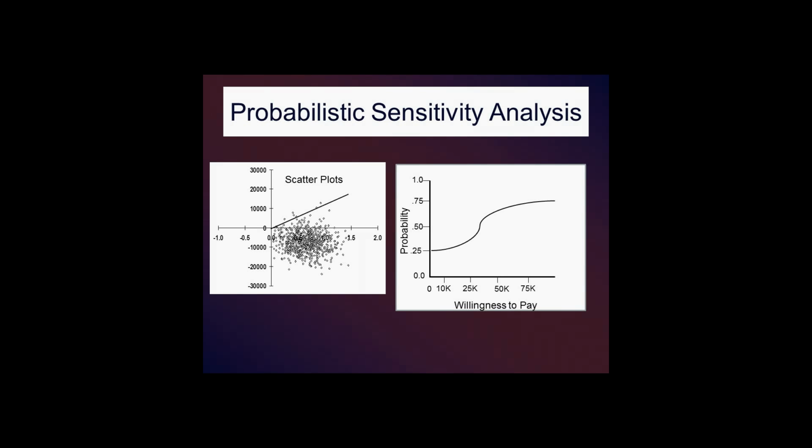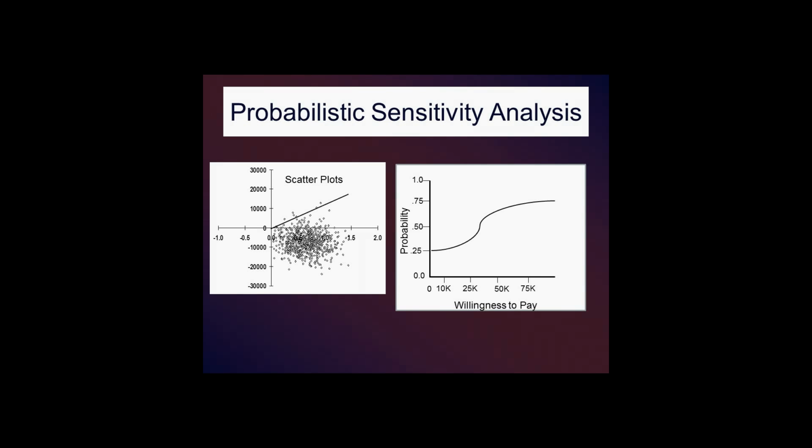What does it mean that there's a 25% chance that I would consider this cost effective if I don't value health at all? Means that there's a 25% chance it saves money. Okay, so that's the only reason that I would think it was cost effective if I didn't value health, right?